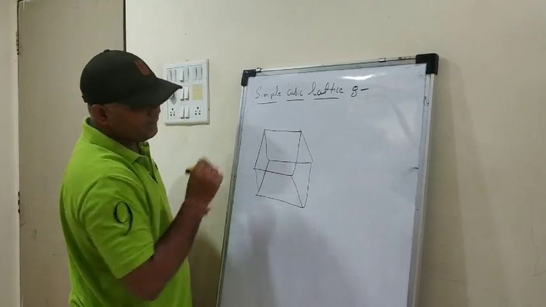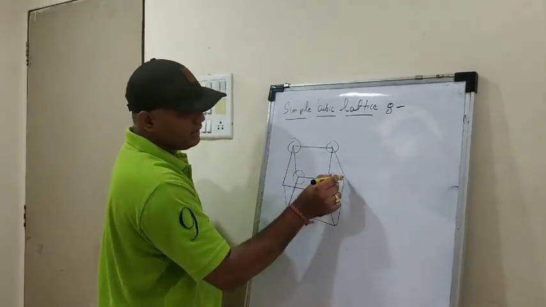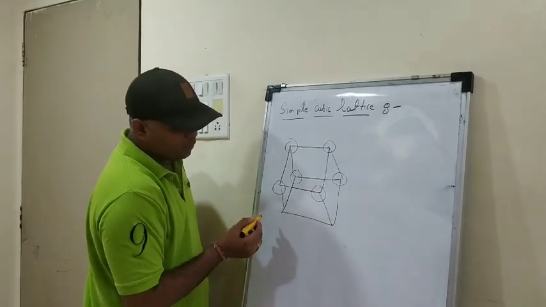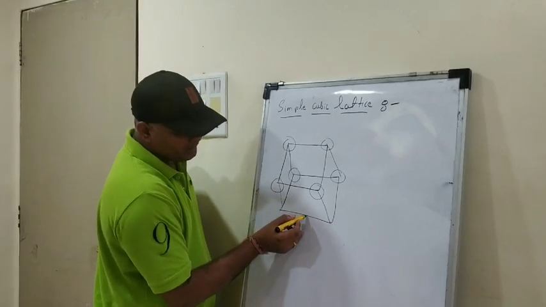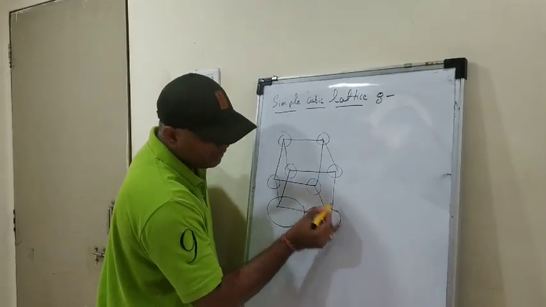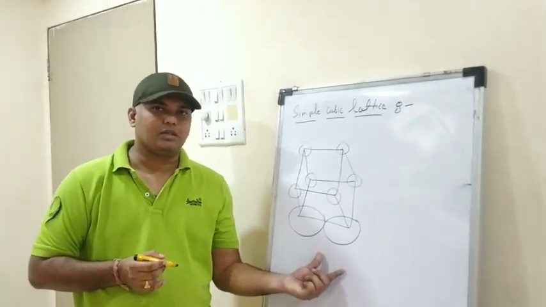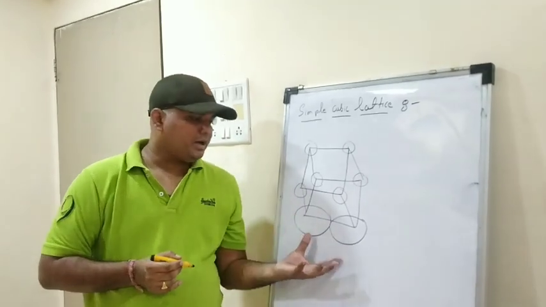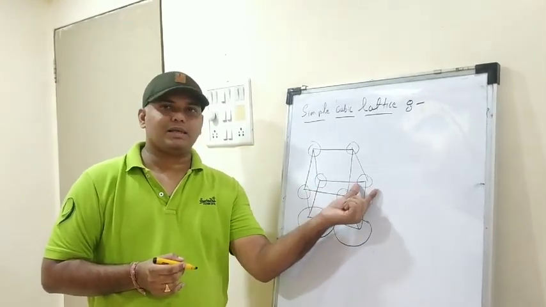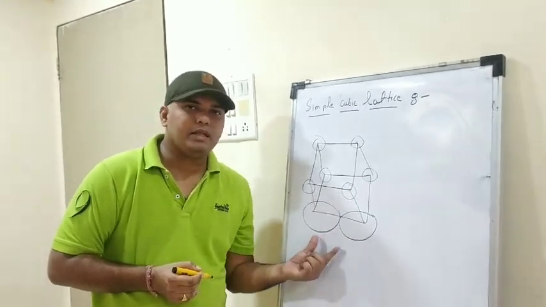So in a simple cubic lattice, we know that the constituent particles are at the corners. Now here I am going to draw the constituent particles which are very close to each other, or we can say they are very much packed with each other. Remember, the constituent particles are not placed like this. The constituent particles are placed near to each other.